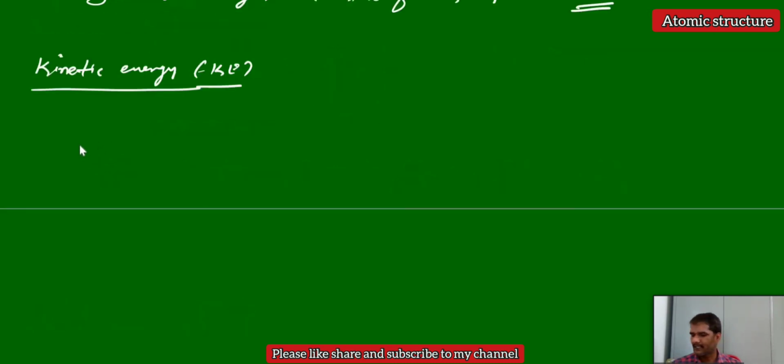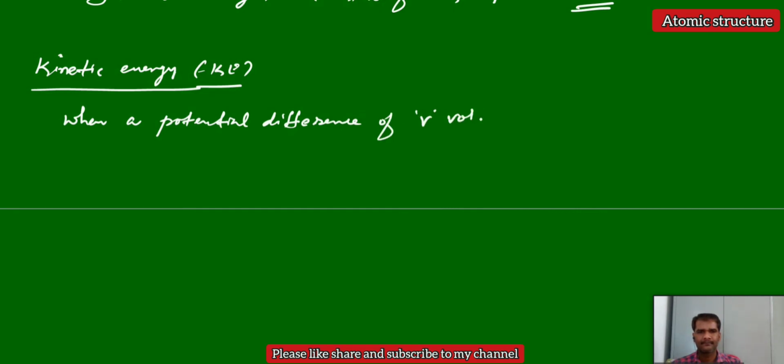You can note down this point. When a potential difference of V volt is applied, here V means not velocity, it is a potential difference, V volt, applied on a charged particle which is at rest.